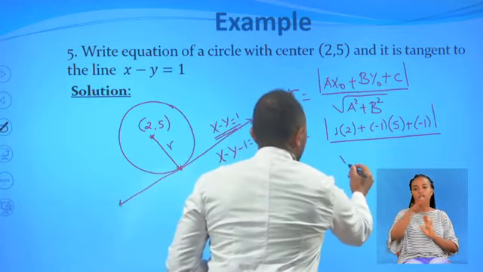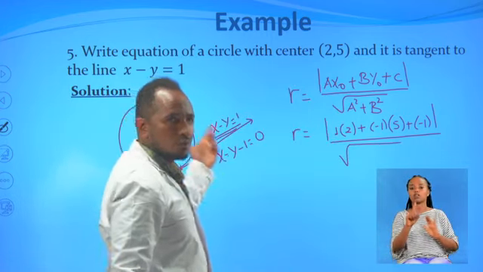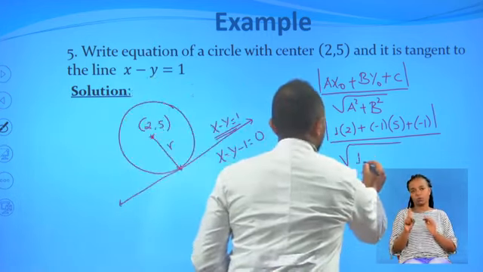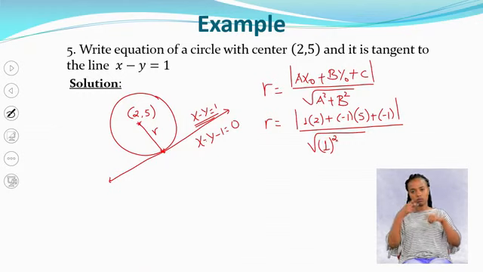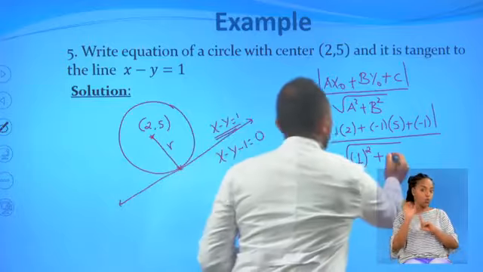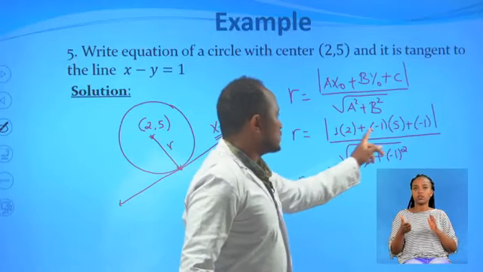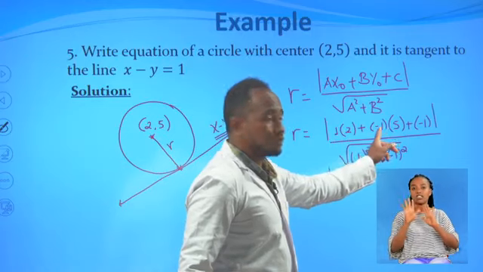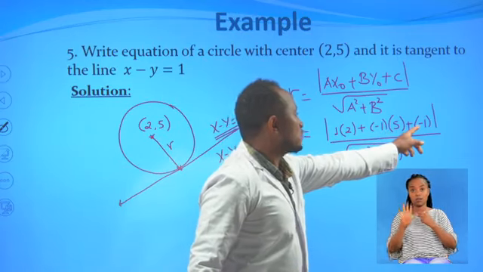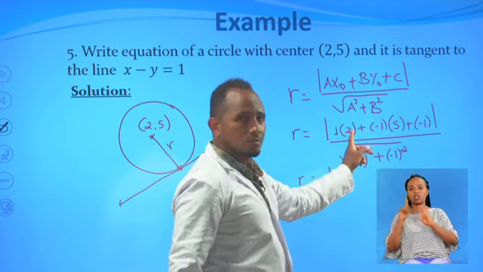the square root of a squared, where a is 1, 1 squared, plus b, which is minus 1, minus 1 squared. Therefore, r is equal to the absolute value of these, which is 2 minus 5 minus 1, minus 1 and minus 5 is minus 6, plus 2, minus 4.